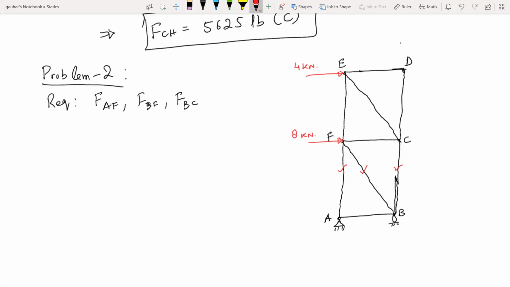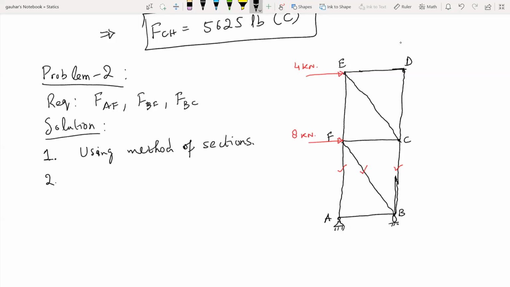All right, so let's go to the solution. How we are going to solve this problem. So step one, let's use method of sections, right? Now, you know that in method of sections, we need to make a cut.